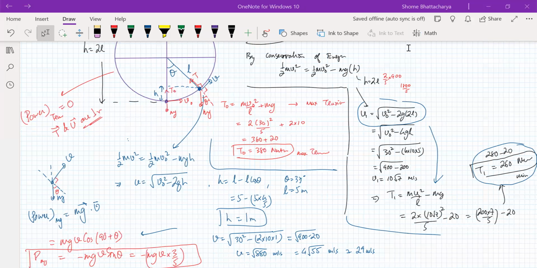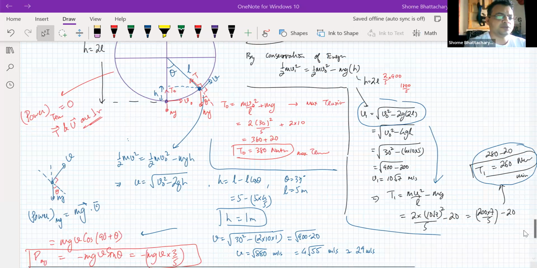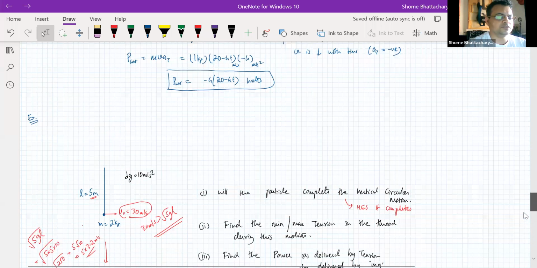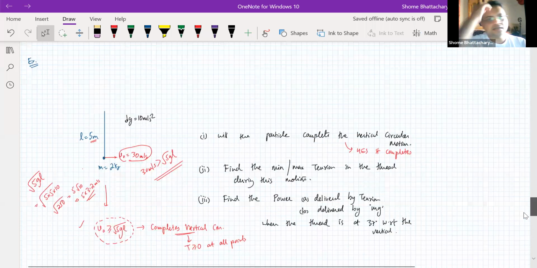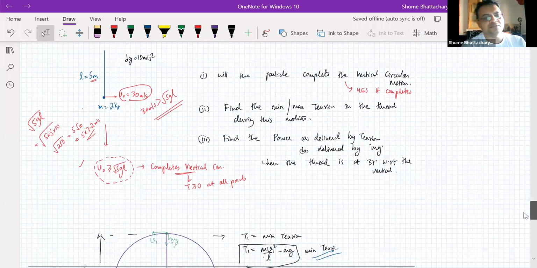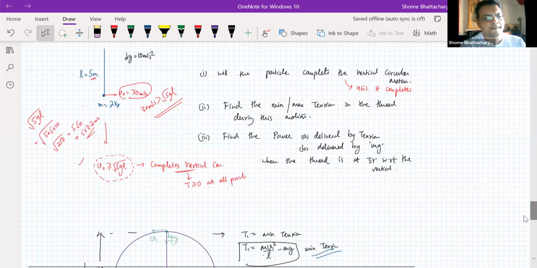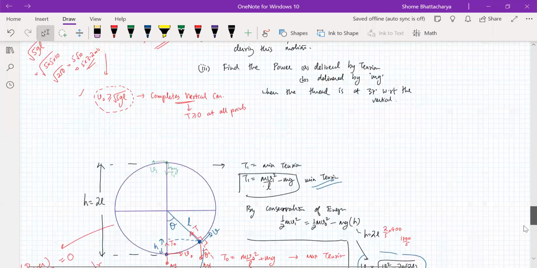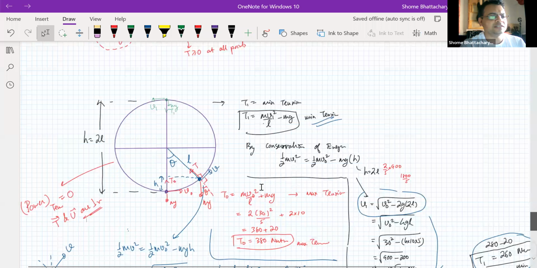So then what is T1 over there? Could you clarify that once again? T1 is the tension at the highest point, but that is the minimum tension. Achha, this is only the minimum tension. In a vertical circular motion, if you go back to your notes, you will see that the minimum tension is at the highest point, and the maximum tension is at the lowest point, right? Yes, sir. So this maximum and minimum tension, we calculate it this way. T naught is the tension at the lowest point.